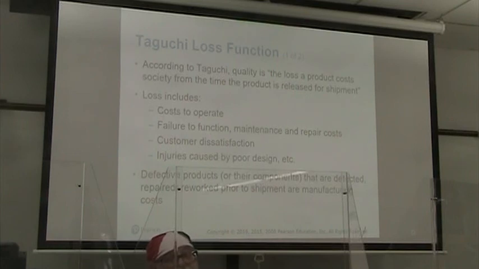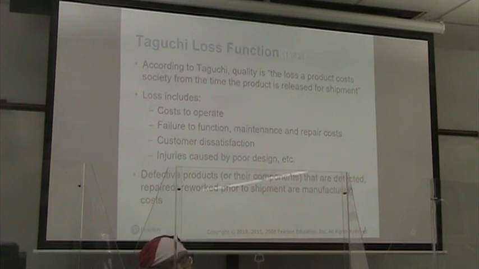All right, so that brings us to the other part of the Taguchi method, which is the Taguchi loss function. According to Taguchi, quality is the loss a product costs society from the time the product is released for shipment.